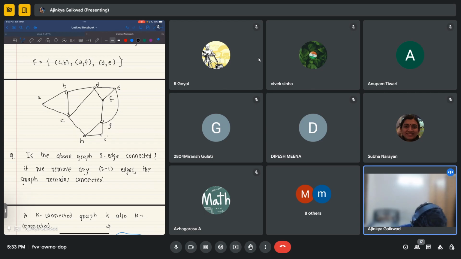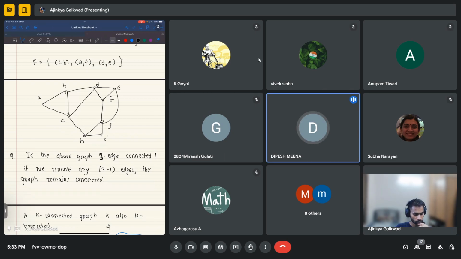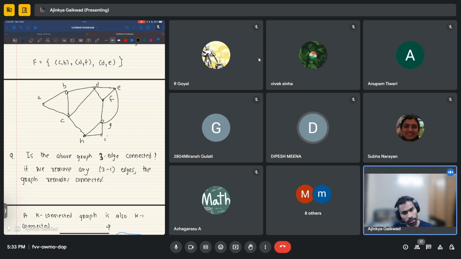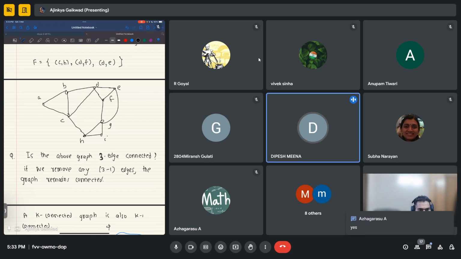So what about three edge connected? Is this graph three edge connected? If I remove 3 minus 1 edges, the graph remains connected. Is this true? No. Why not? If we remove AC and AB, then we get a disconnected graph.